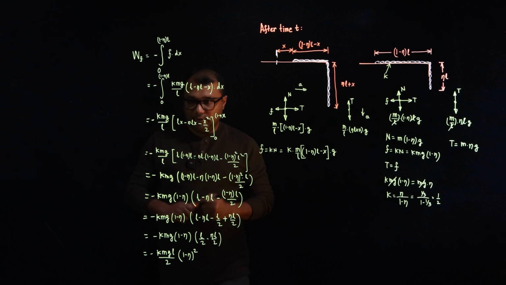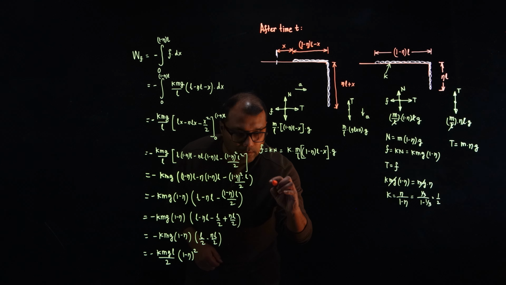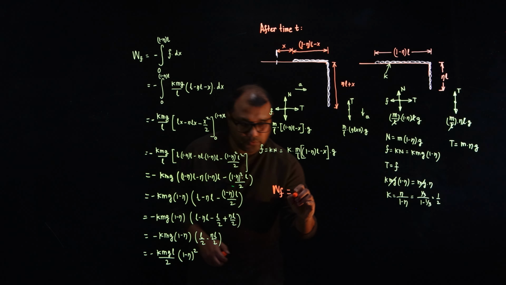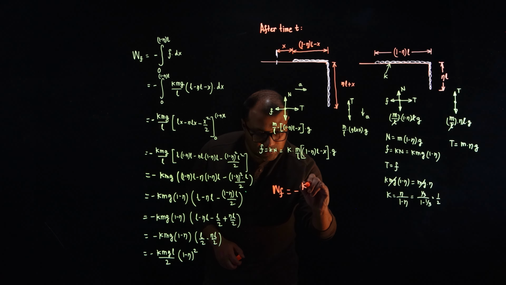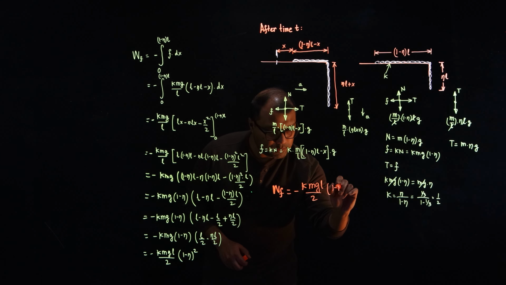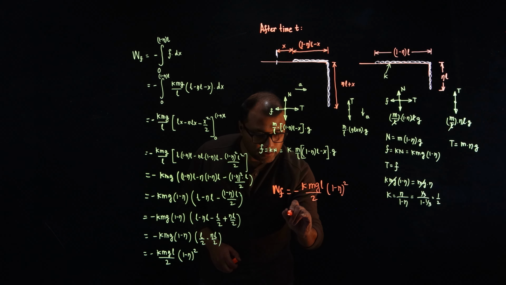If we put down the values, then the work done by the friction force is equal to minus kmgL by 2 times 1 minus eta squared.